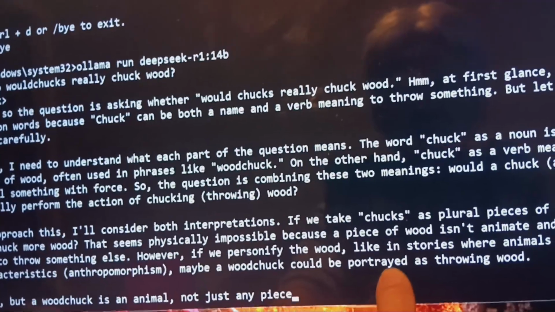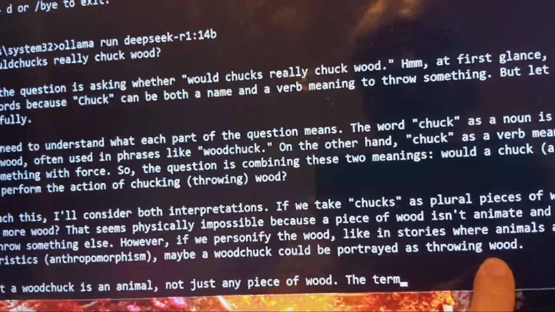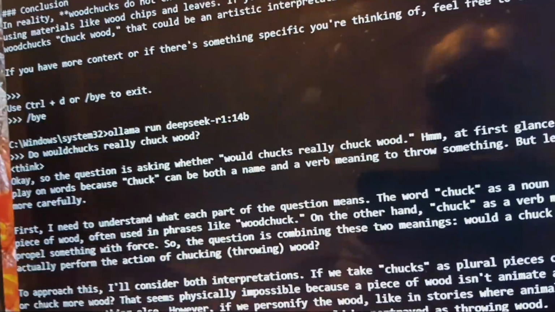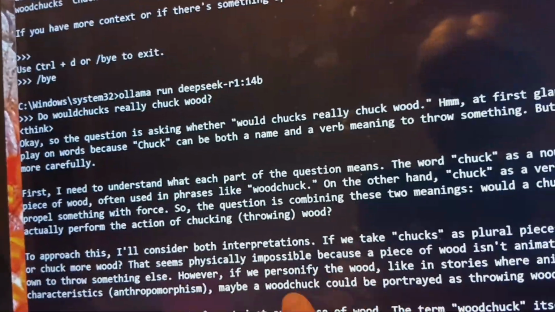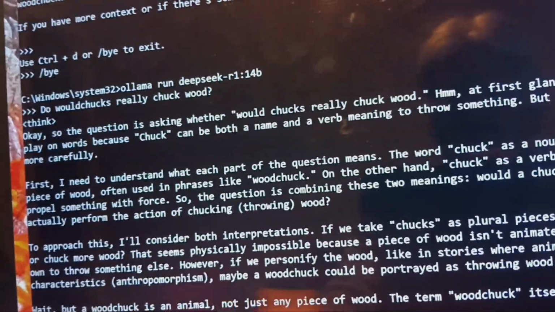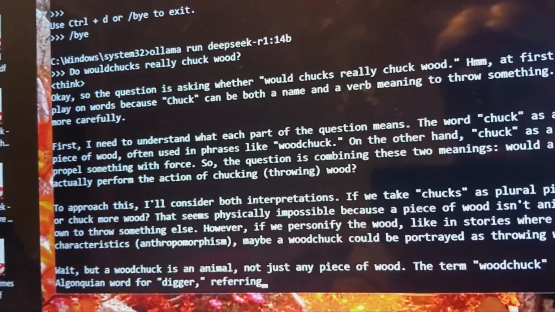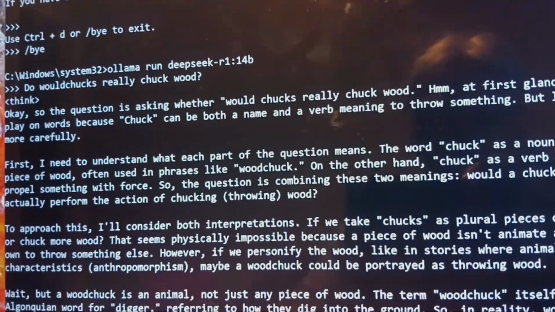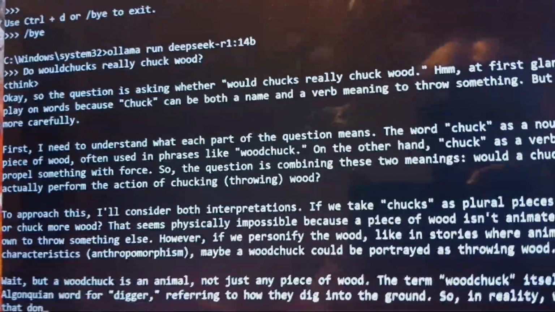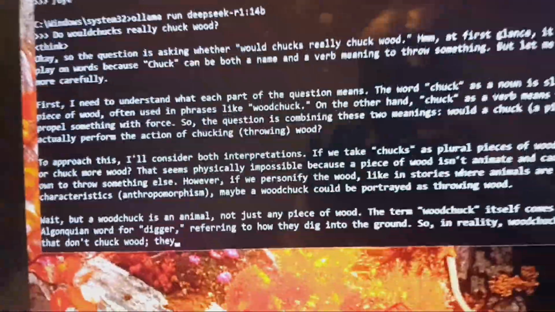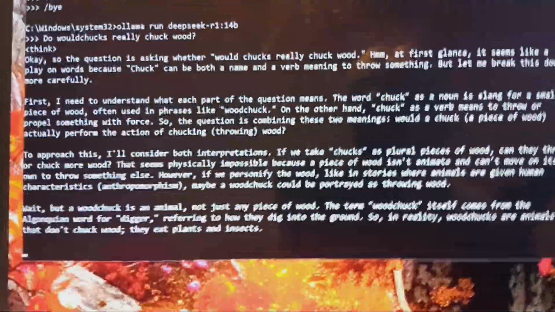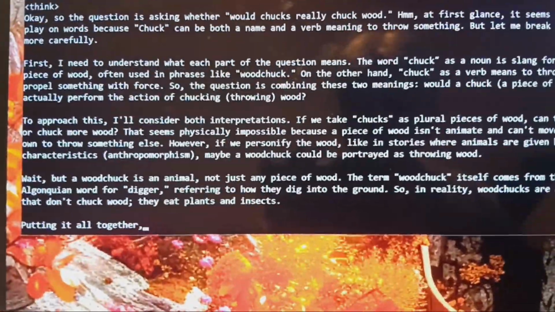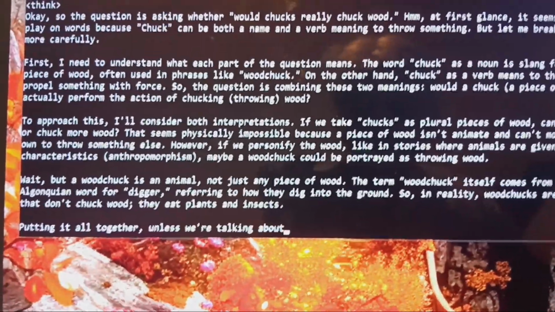And it's asking now, can it really throw wood? So remember the other one, when I finally explained that I meant this, was able to calculate this or think this up. I hate to say calculate because it is calculating, but in reality, it's almost like it's actually thinking. Hence, DeepSeek, the name. It actually is deep in thought about the question.